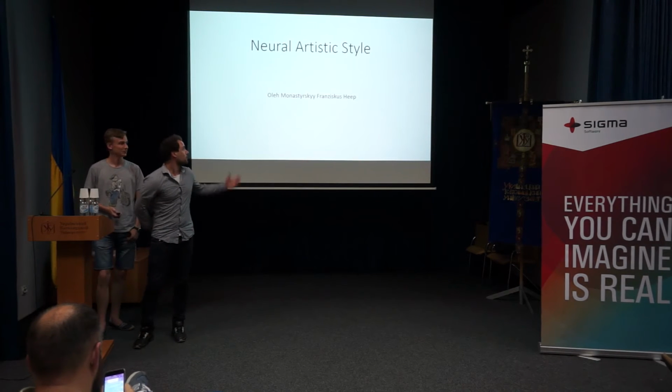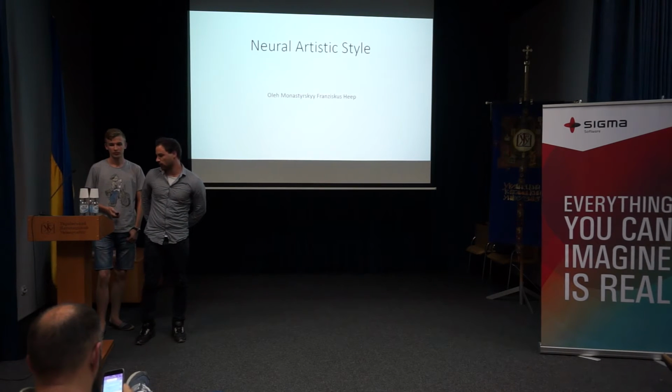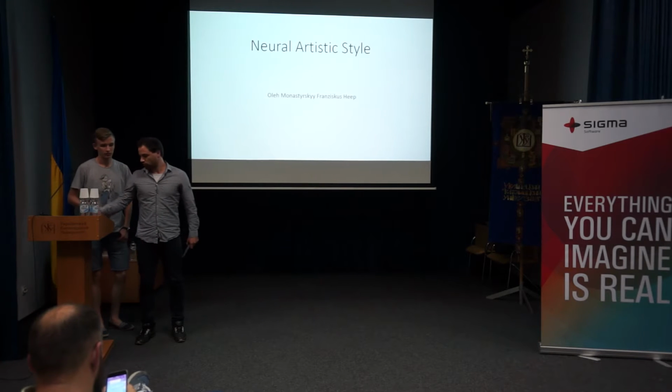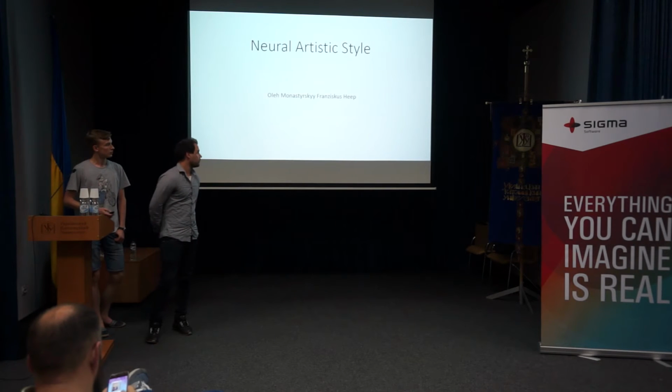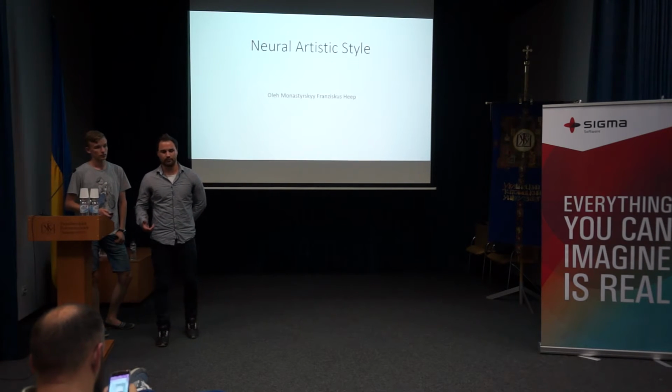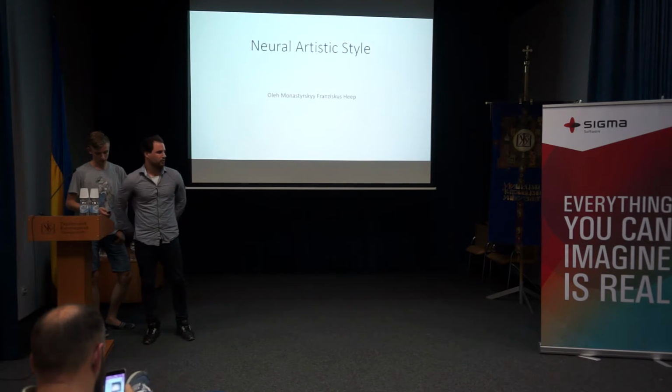This project, maybe the name doesn't say anything to you, so let me introduce you. In our project, we use techniques of neural network to separate and recombine the content and the style of two different images and combine these pictures into one resulting picture, which means we transfer the artistic style of one picture into the other one.